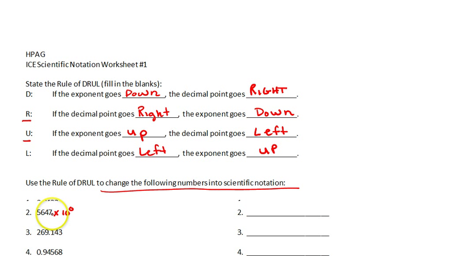How many places? 1, 2, 3. And that would give me 5.647. Now you'll notice I moved my decimal place to the left. That means that my exponent needs to go up. I moved it 3 places, so I need to add 3. So I end up with times 10 to the third.